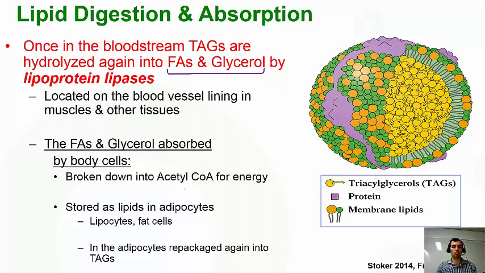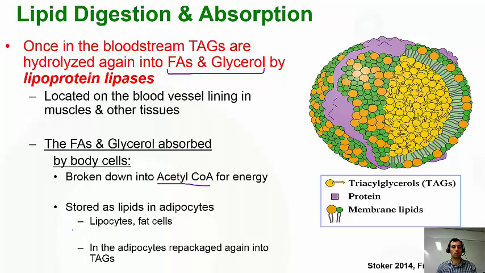Either they can be broken down to get energy, so the fatty acids will be broken into acetyl-CoA, and the glycerol will be used to create dihydroxyacetone phosphate, which connects with our glycolysis process.